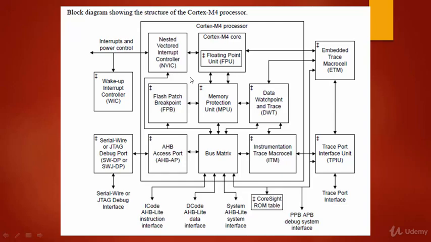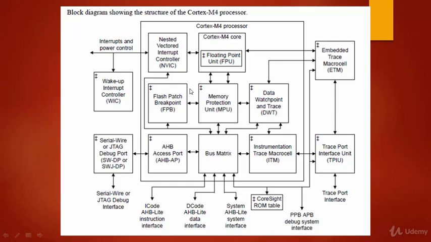In this course we'll be studying some of the processor-specific peripherals in detail. For example, the NVIC, which is there for handling various interrupts and exceptions. We will discuss this peripheral in detail later, and we will also discuss the bus matrix of the processor later in this course.